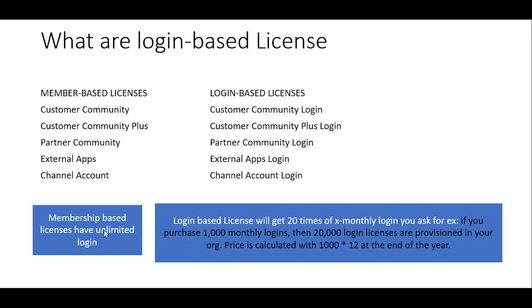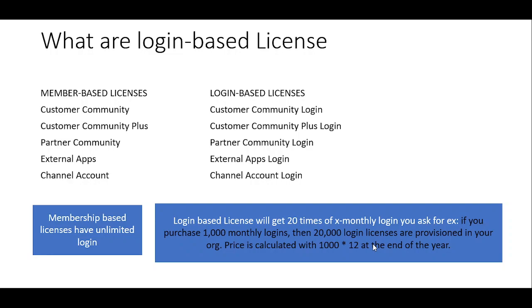Membership based licenses have unlimited login, and login based license will get 20 times the monthly logins you ask for. Let me give you an example here. If you purchase 1000 monthly logins, then Salesforce will give you 20,000 login licenses provisioned in your org. Price is calculated with 1000 into 12 at the end of the year.